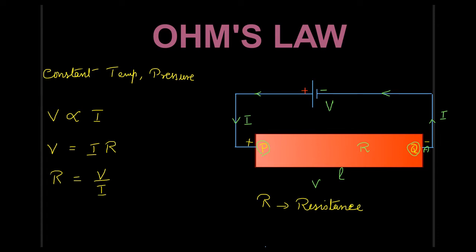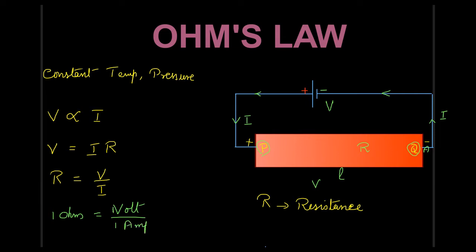How to define the SI unit of resistance? SI unit of resistance is ohm, which is equal to volt divided by current.